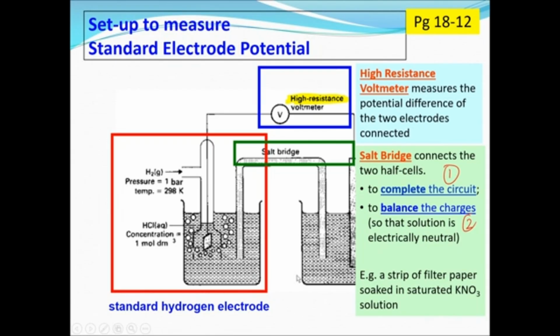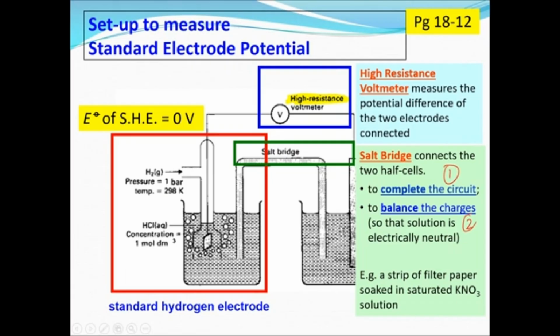So that's the purpose of our salt bridge, to complete the circuit, to balance the charge to maintain electrical neutrality. Okay, while doing that, you don't want the ions between the two cells to mix directly in that sense. Alright, so as earlier said, my SHE will be given as 0 volt. So with that, we can go on to consider measuring half cells.